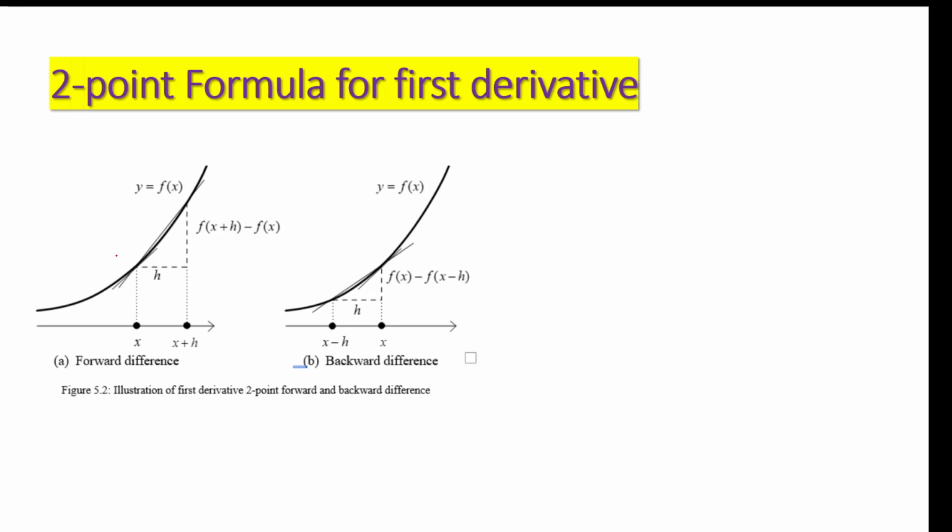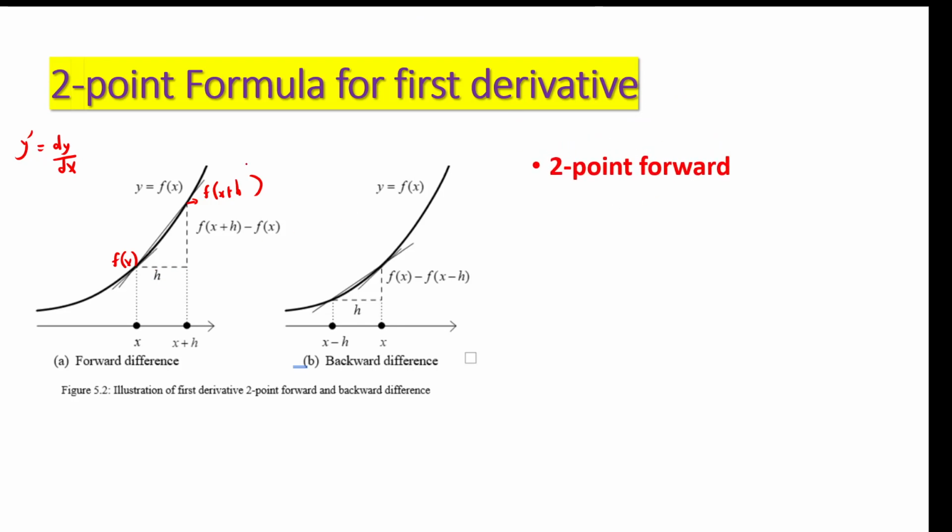The y value here is f(x), and this point is f(x plus h). Your y prime is dy/dx, the difference of y divided by the difference of x. The difference of y is f(x plus h) minus f(x), and the difference of x is h.